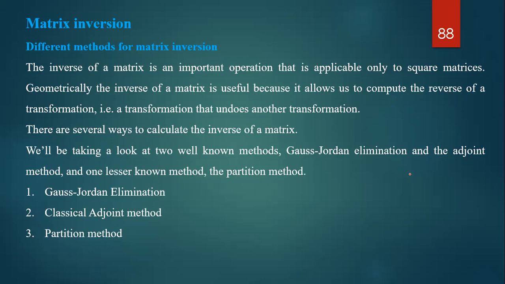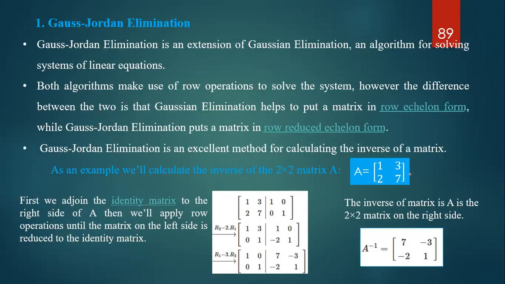There are several ways to calculate the inverse of a matrix. Some of these are the Gauss-Jordan elimination method, the classical adjoint method, the partition method, and other methods also. Gauss-Jordan elimination is an extension of Gauss elimination.